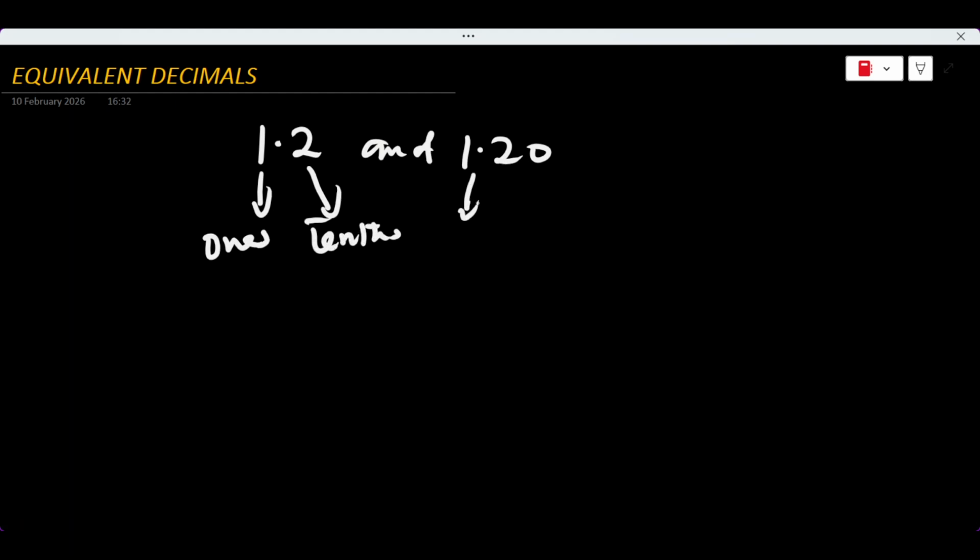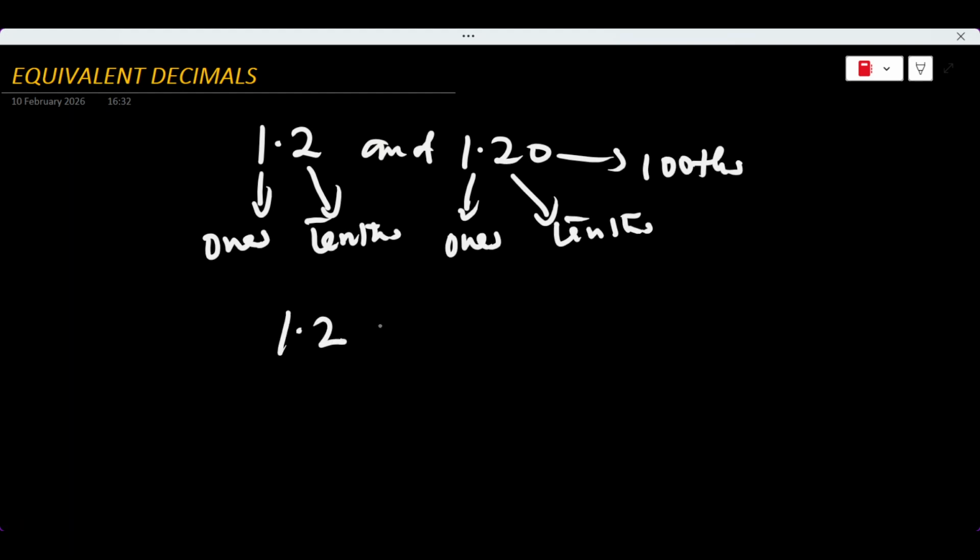And then here we have the 1 at the ones place, the 2 here at the tenths place, and then the 0 at the hundredths place. Alright, remember that adding extra 0 doesn't what? Change the value of the digits. Hence, 1.2 having the same place values as 1.20 tells us that 1.2 is equivalent to what? 1.20.